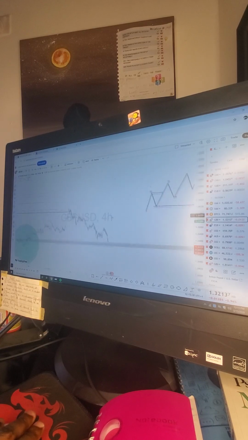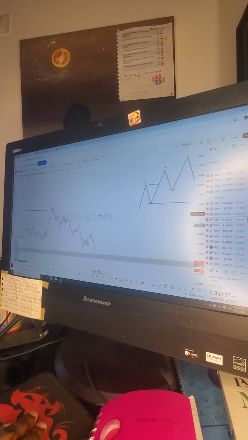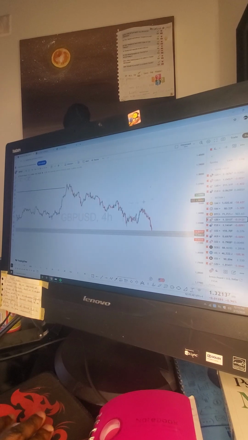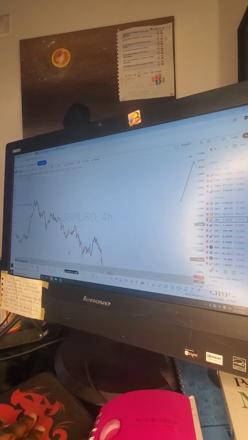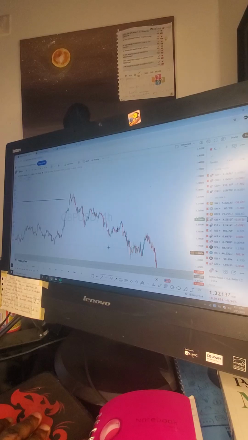So let's dive into the market and spot the sell setups and the buy setups. So this is where we are in the market currently. Now we are looking at a downtrend: lower low, lower high, lower low, lower high, lower low, lower high, lower low, lower high.